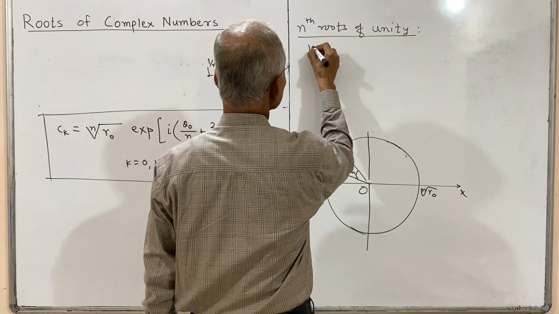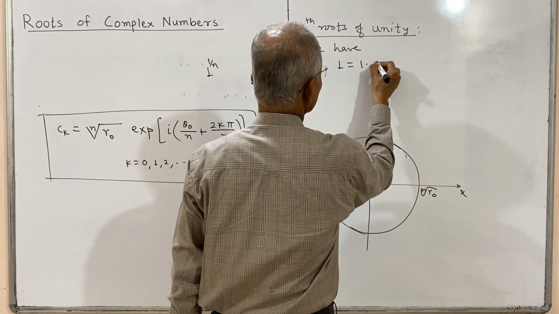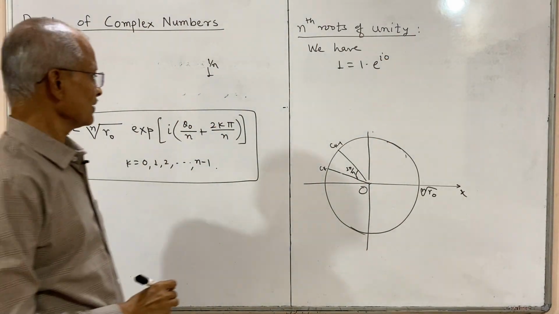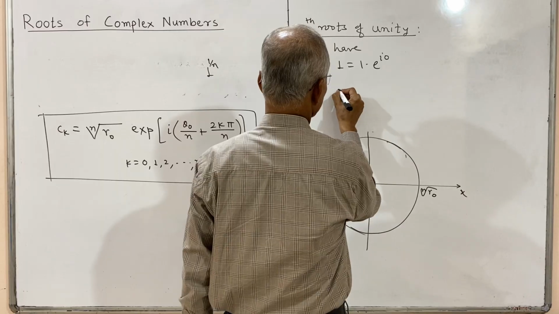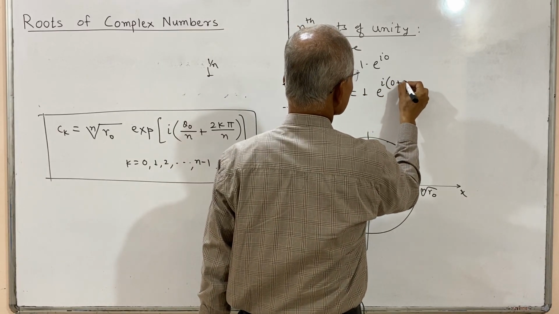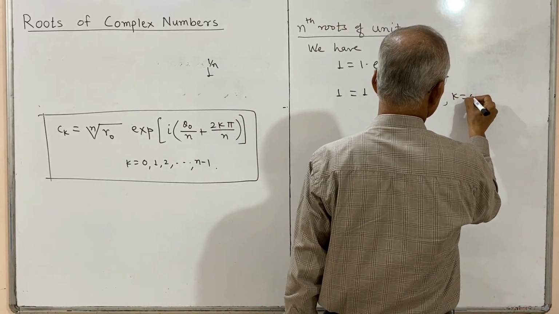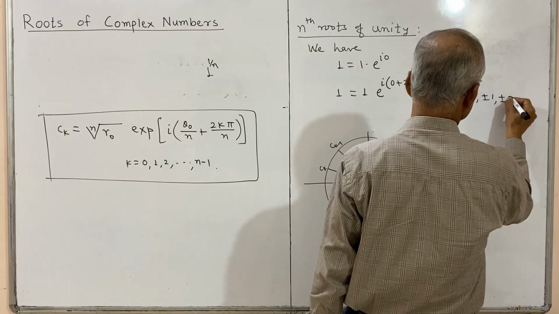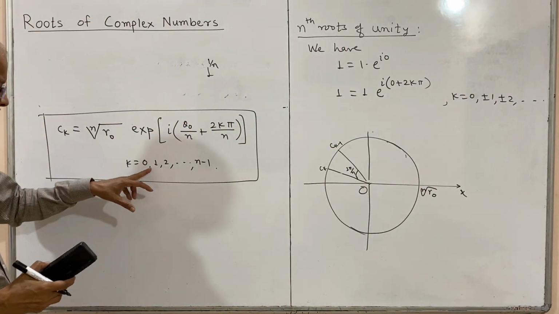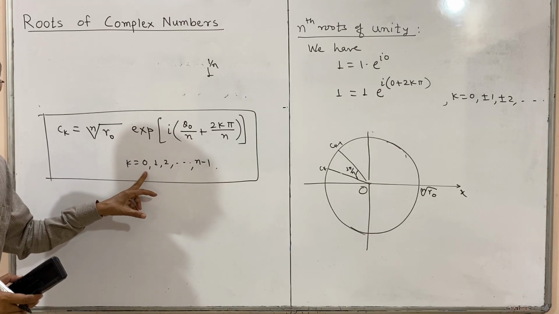We have, first we shall express 1. 1 is equal to 1 into e power i into 0, and this is again written as 1 is equal to 1 e power i (0 plus 2k pi). k takes values 0, plus minus 1, plus minus 2, etc. in general, and to get the distinct roots we will take the values of k as n values starting with 0.